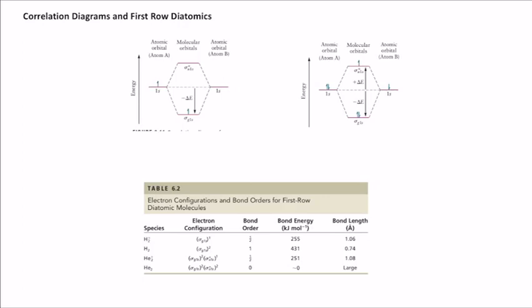Now, let's look a little closer at the correlation diagrams for the first row of diatomics. Here, we're going to be discussing H2 and maybe helium-2. So we see that there's going to be some bonding and some anti-bonding. And now we're going to use the Aufbau principle to fill the electrons.